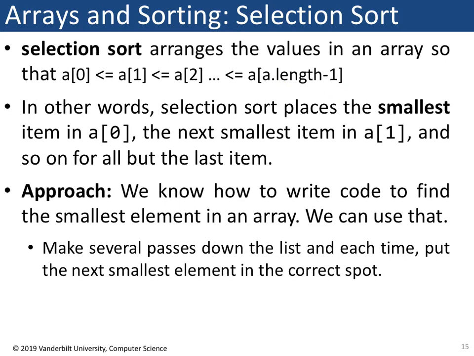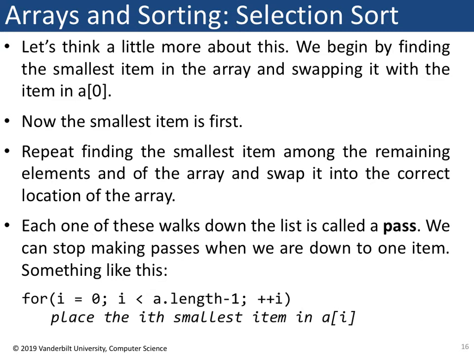So let's use our knowledge of searching for the minimum value to code this selection sort. But a couple of notes here. Think about this. When we say we're going to put an element from the array into element 0, what we're actually saying is we're going to swap it, right? Because we can't just insert it. That'll make the array grow. And we don't want to return a new array.